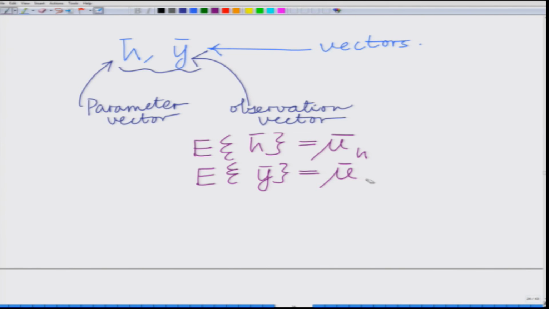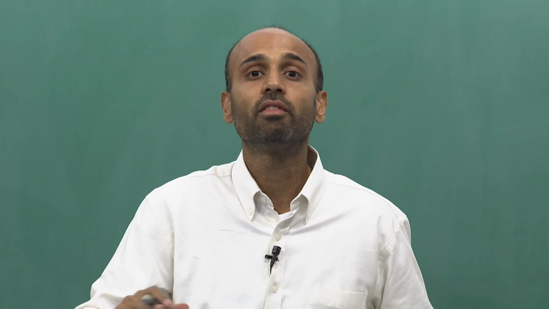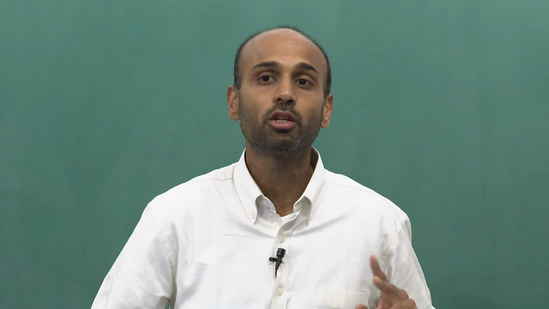This is the mean mu bar of y. Now, instead of the variances and the covariance, what we need are the covariance matrix of the observation y bar, the covariance matrix of the parameter h bar, and also the cross covariance between these two vectors. That is what we need.